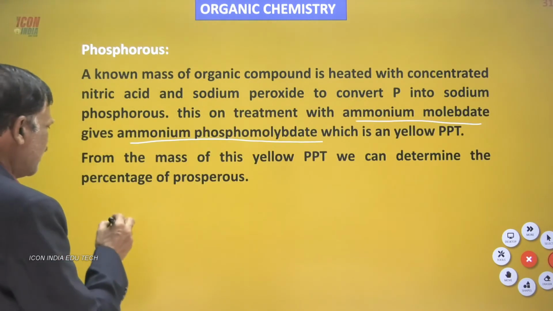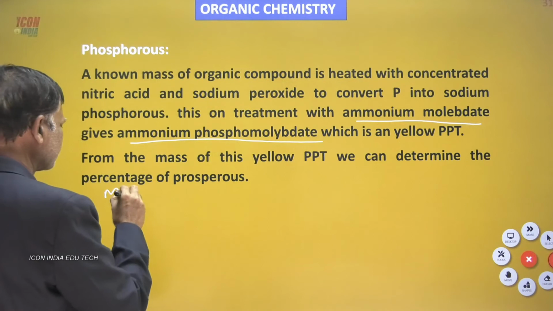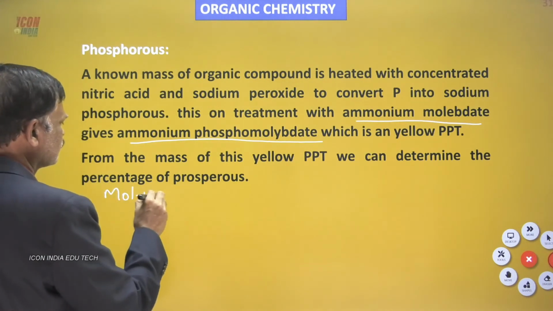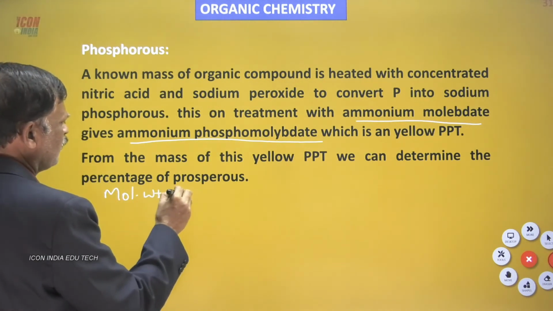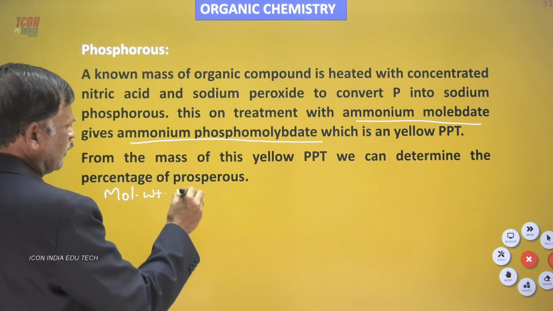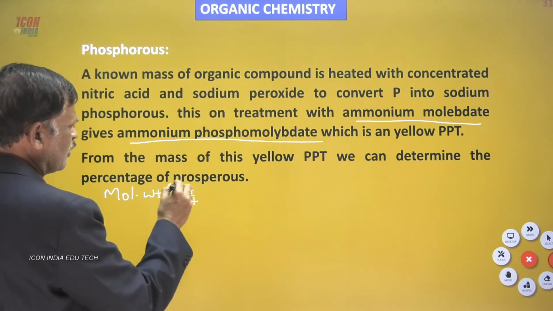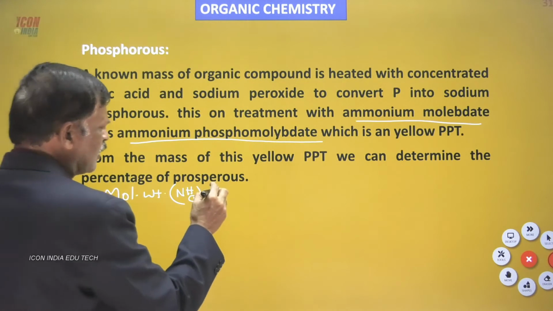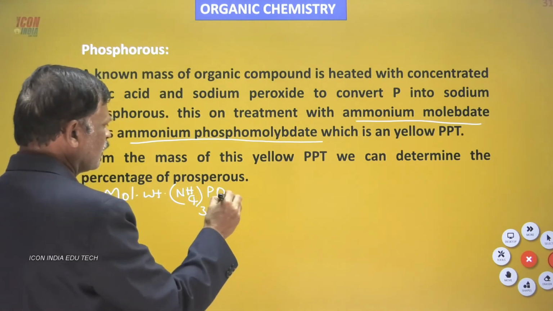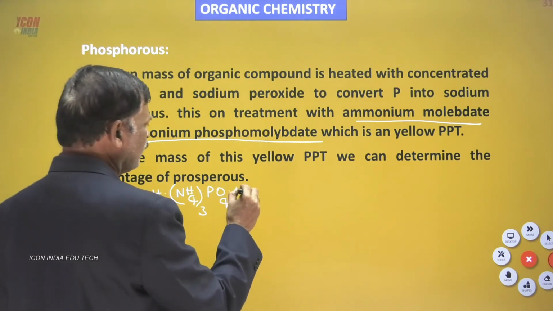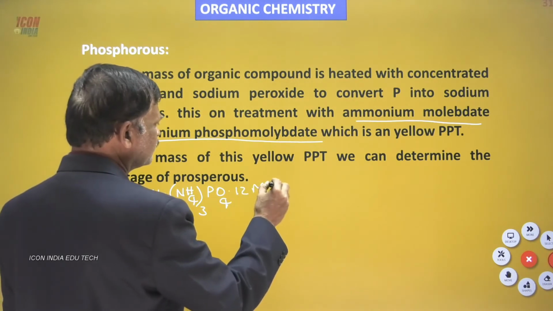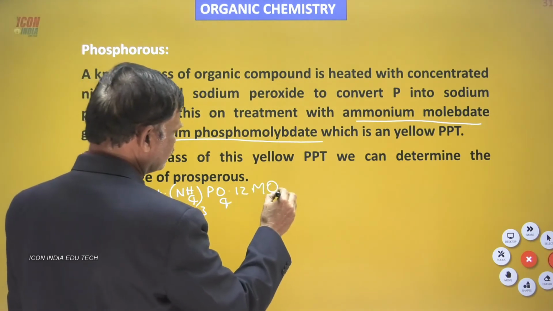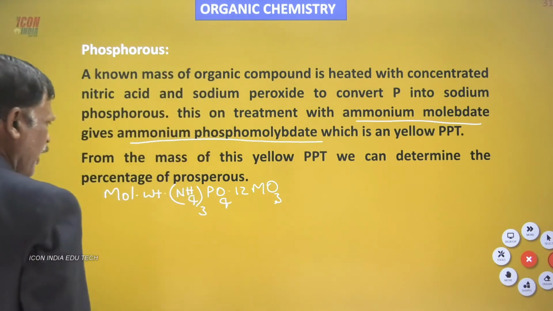How? See, molecular weight of ammonium phosphomolybdate. Its formula is (NH4)3PO4·12MoO3.